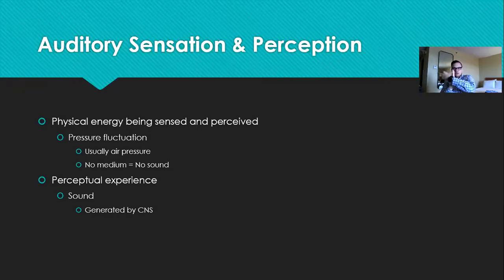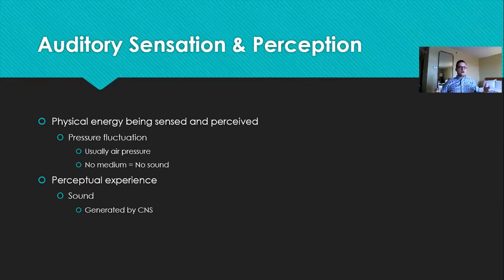If there's an area of compression over here, the hair cells are pulled in that direction. If there's compression right here, there's rarefaction right here. And then when the rarefaction moves over here and the compression moves here, the hair cell gets pulled back this way. So the hair cell gets pulled in the direction of the compression.